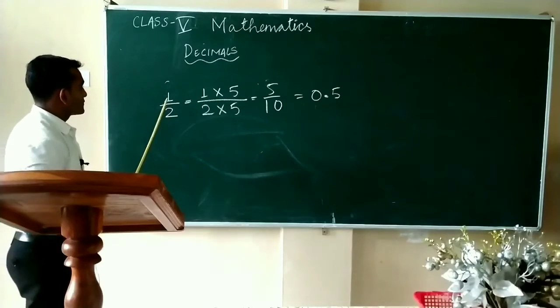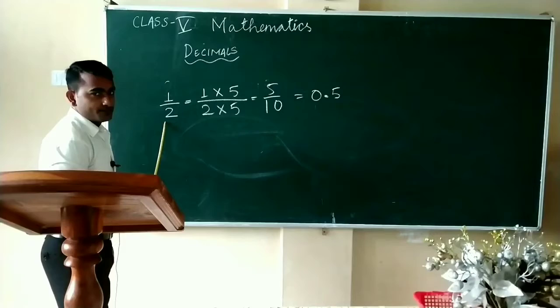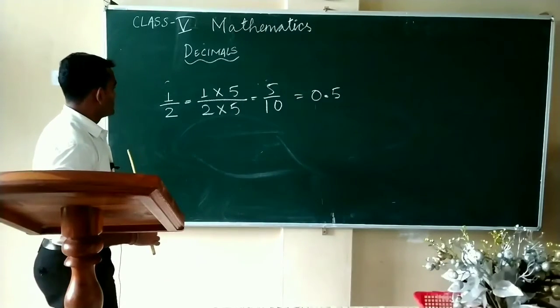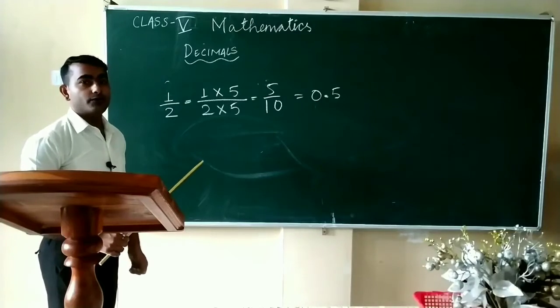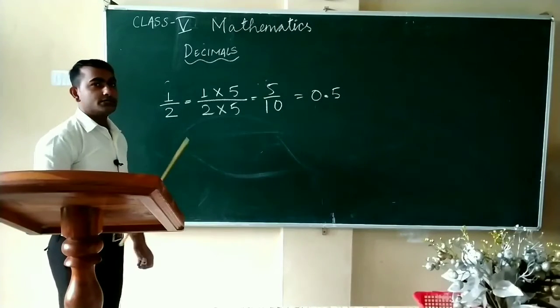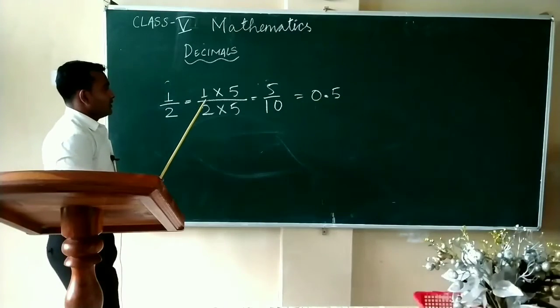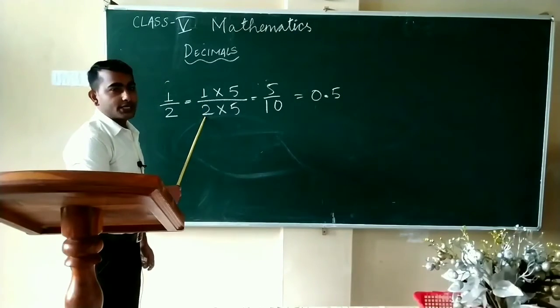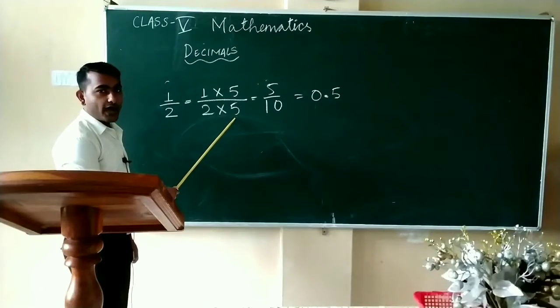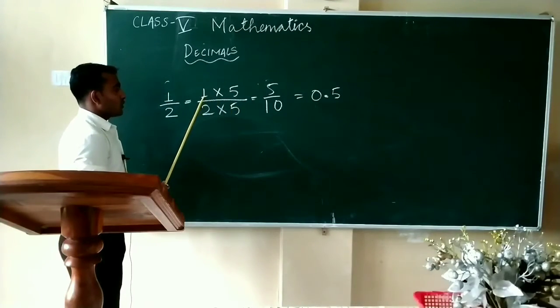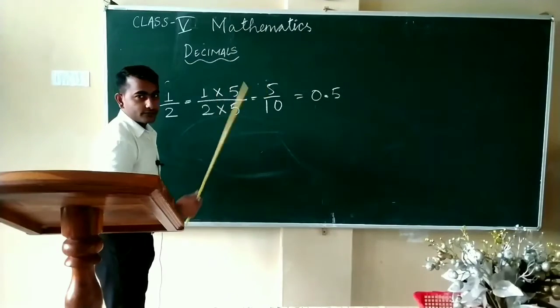For example, 1 by 2. First you need to convert the denominator to 10. Now, 2 how many times is 10? 2 times 5 is 10. So 1 times 5 is 5.